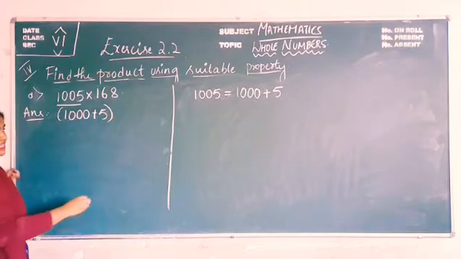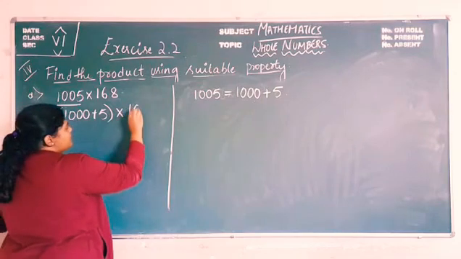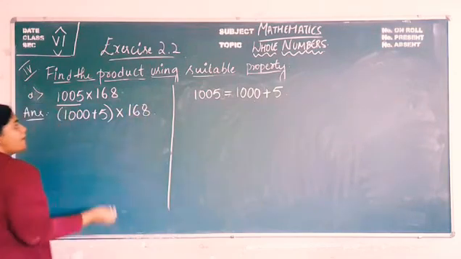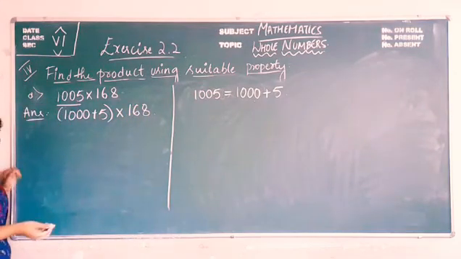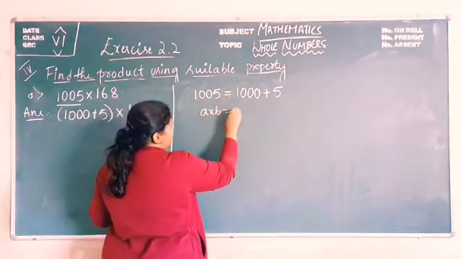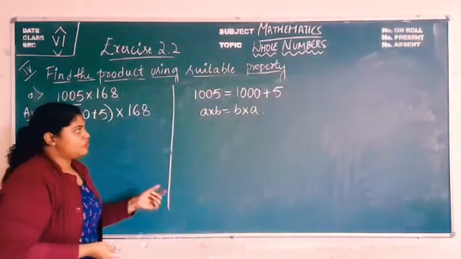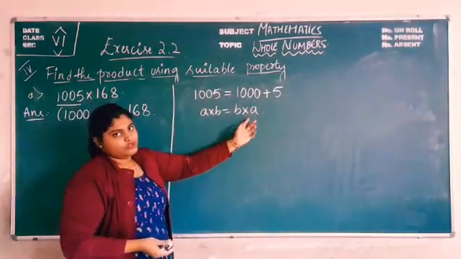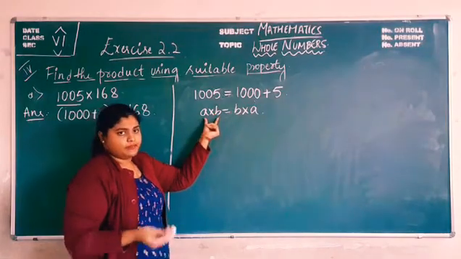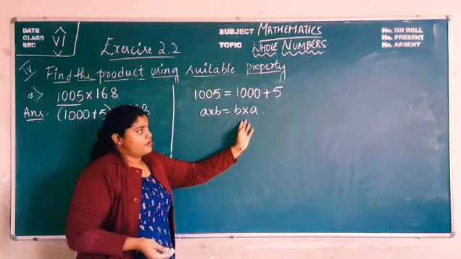Then we place the into sign, then we have 168. While learning the commutative property, I told you that A into B is equal to B into A. In multiplication, if we change the order of the numbers and find the product, it will be the same.